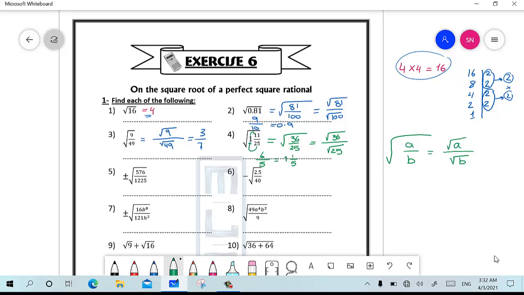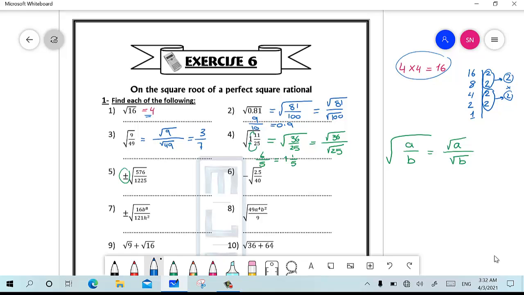And let's go now for number 5. All that we have used in questions 1, 2, 3, and 4 were positive square roots. Now I am dealing with the two square roots, positive and negative. So my answer should also be positive and negative. I want to find now positive and negative square root of 576 over 1225.